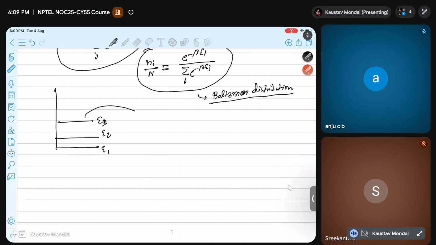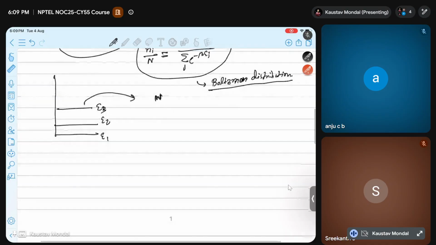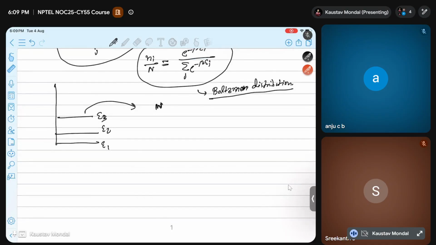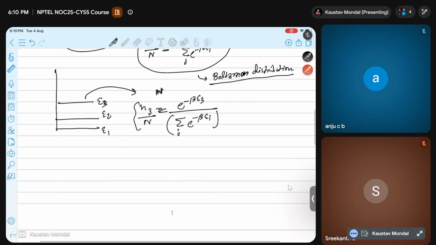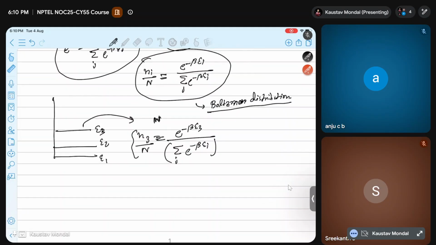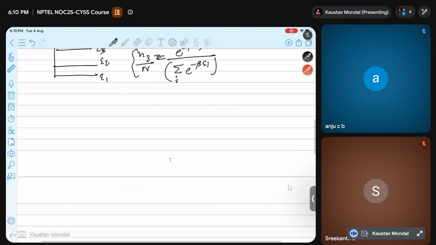Suppose the total number of particles is n, distributed throughout these energy levels. The fraction of particles in the E3 energy state will be n3 by n, equal to e to the power minus beta E3 divided by the summation over e to the power of all Ei. This is how we can calculate the distribution of particles in each energy level.